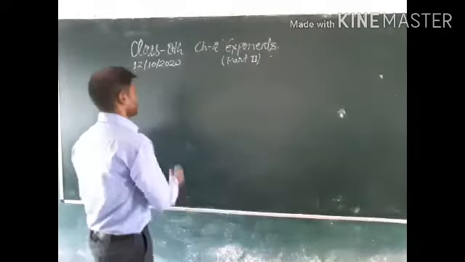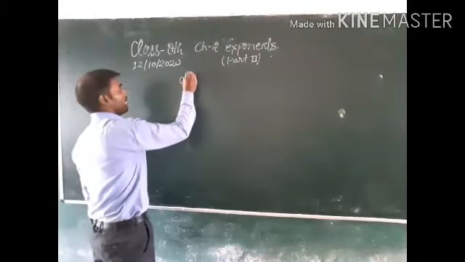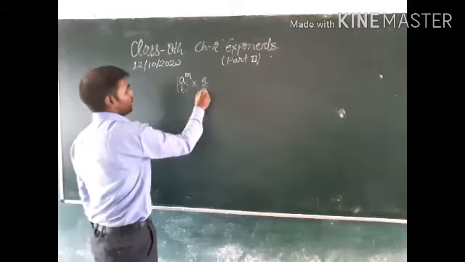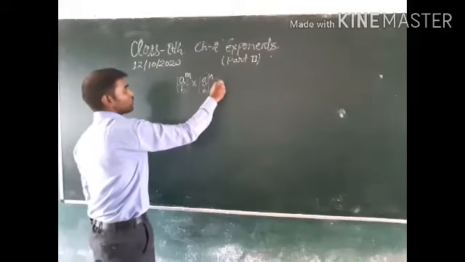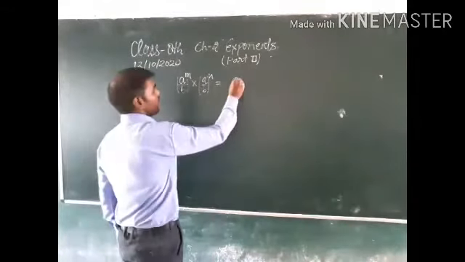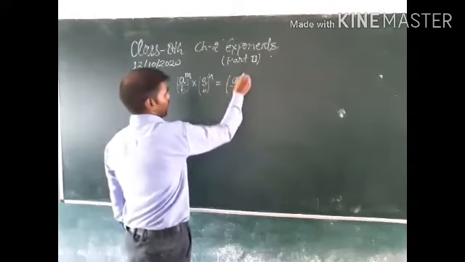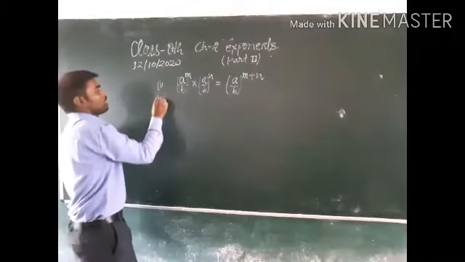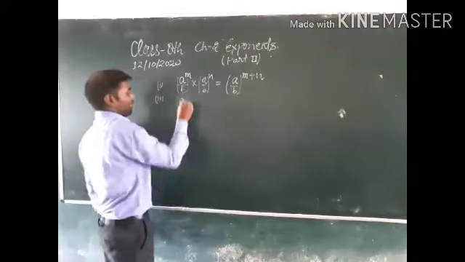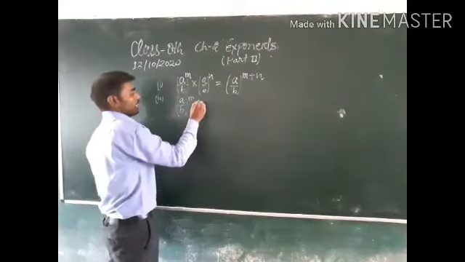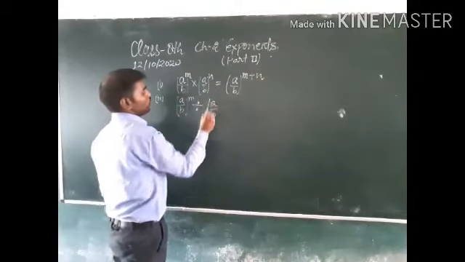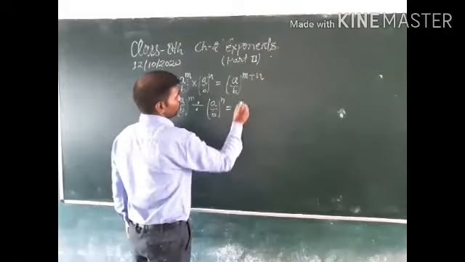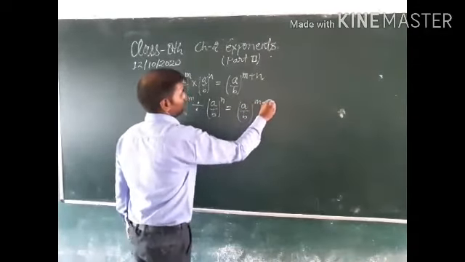What are the formulas? First of all, (a/b) to the power m into (a/b) to the power n is equal to (a/b) to the power m plus n. And the second formula, (a/b) to the power m divided by (a/b) to the power n can be written as (a/b) to the power m minus n.